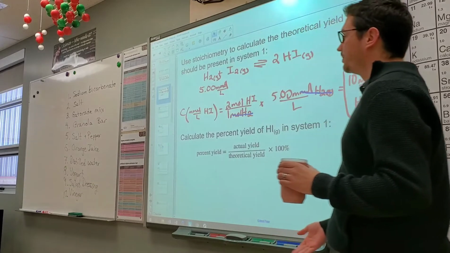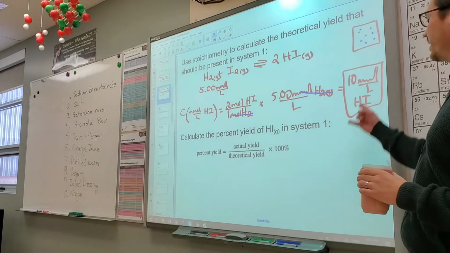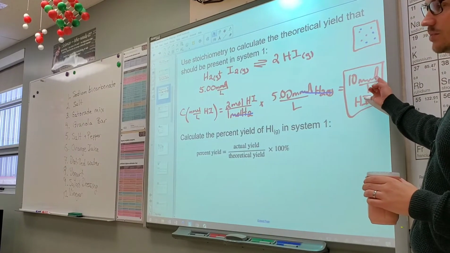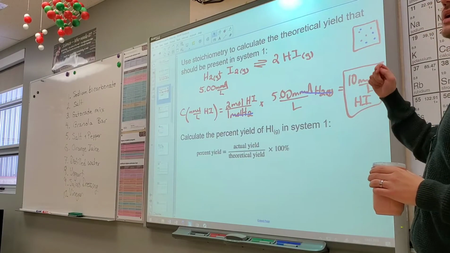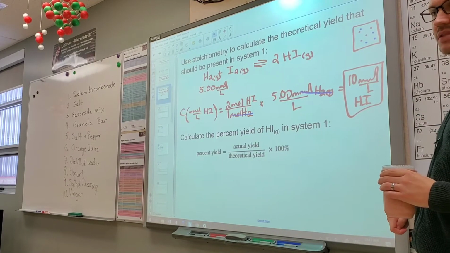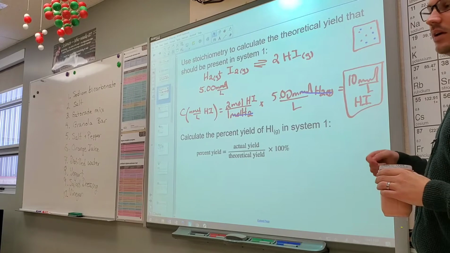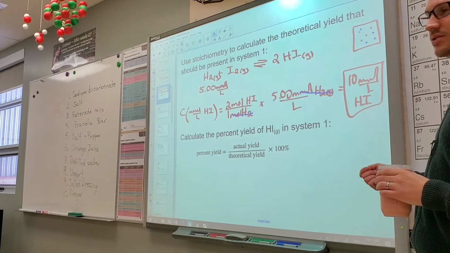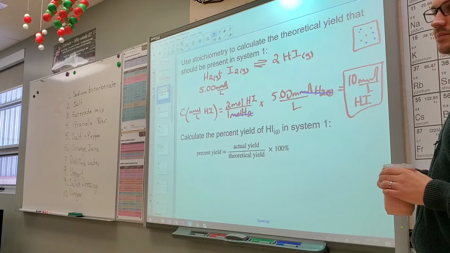We don't. In system 1, we expect to see 10 millimoles per liter. How much do we actually get? Look at system 1 and tell me what is the final equilibrium concentration of our products.